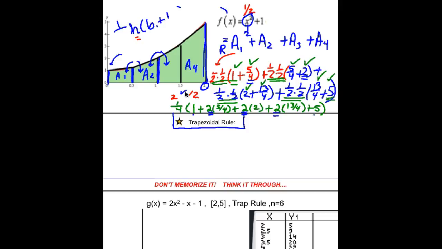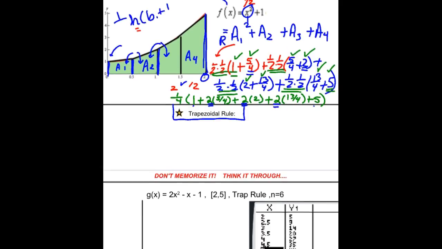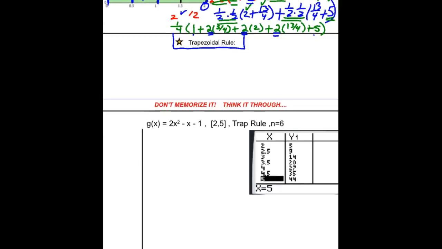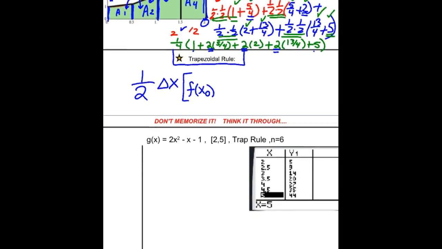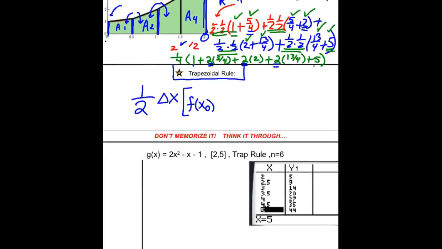So what that looks like formulaically, which I would suggest you don't use the formula, is you do 1/2 of the base. The base is the change in the x-axis. In the above example, it was 1/2. And then in parentheses, you do the height of the very first trapezoid, which was the f value at 0.